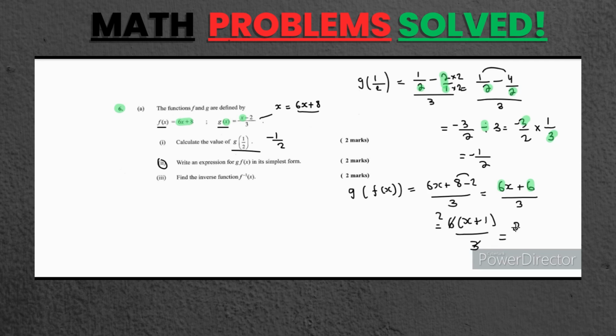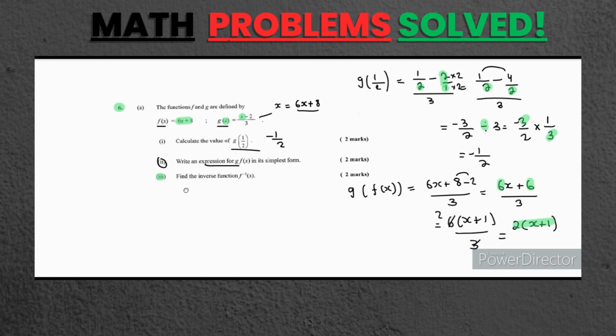So it will become 2 times x plus 1, right? So the expression for g of f of x will be 2 times x plus 1. Then we will go to the next question, the third part.